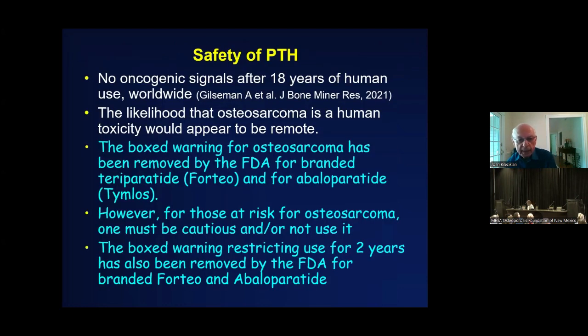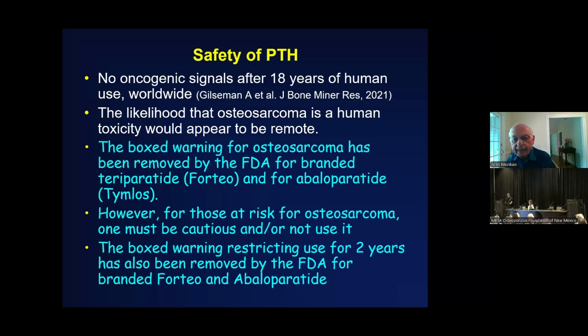So safety of PTH. It was first approved with a boxed warning because of the oncogenic effect of the drug given in very high doses for a very long period of time in rats. 2 years is a long time in a rat. There was a 50% incidence of osteosarcoma.